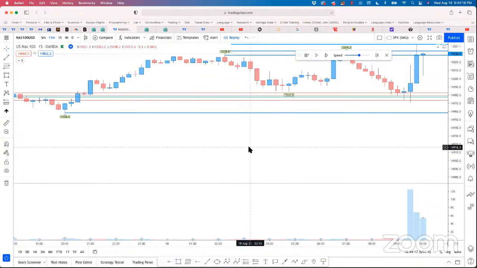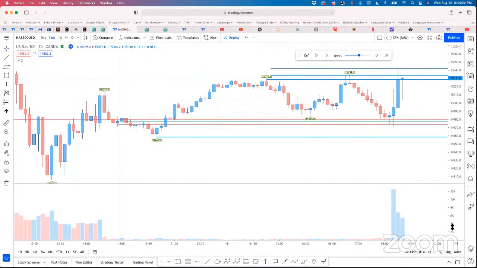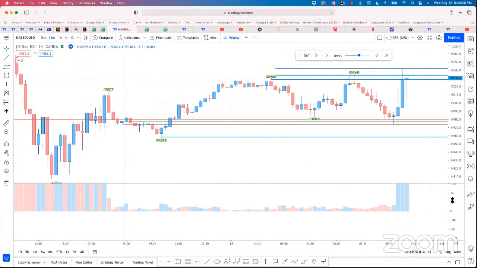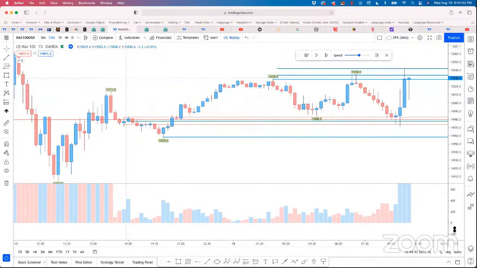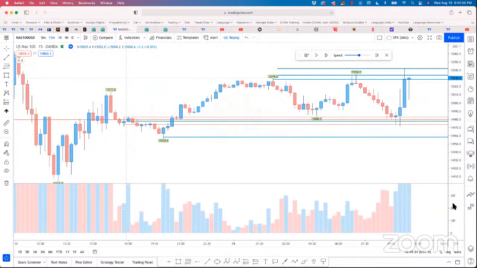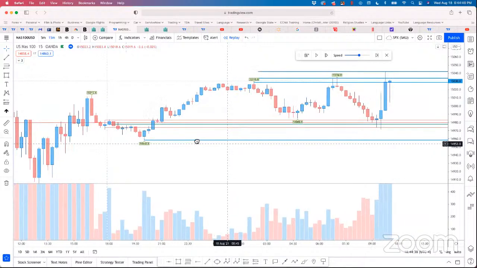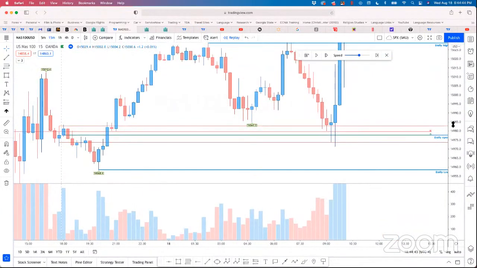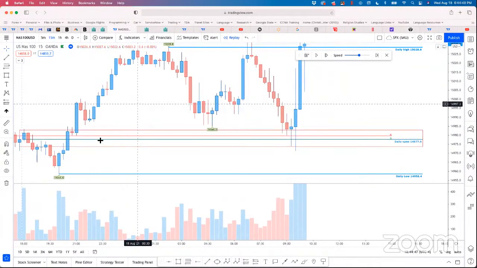Okay, all right. Our volume is here. You don't need to keep this on your chart, but you need to know how this is interpreted, right?